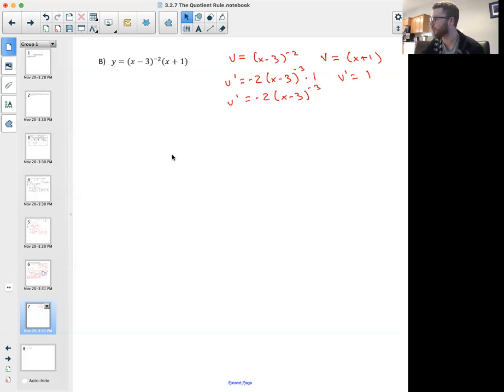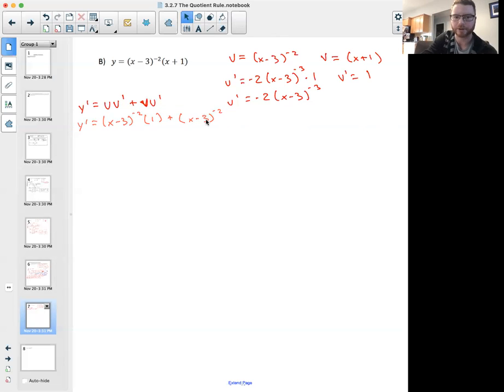Okay, so now that we have u prime and v prime, we can use the product rule again. So y prime is equal to u times v prime plus v times u prime. So u, x minus 3 to the -2, multiplied by v prime, which is just 1, plus v, which is x minus 3 to the -2. Let's put in actually v though, and not u.